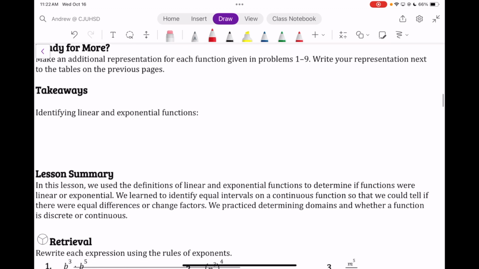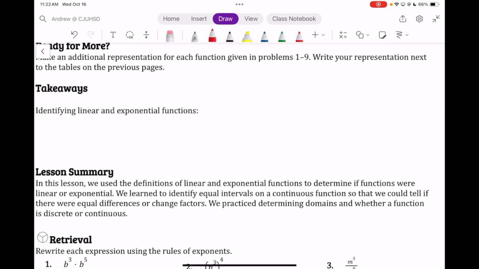So let's talk about some of our takeaways. How do I identify what kind of a function that we have? Well, you know that arithmetic sequences are linear. Okay, so arithmetic are linear.